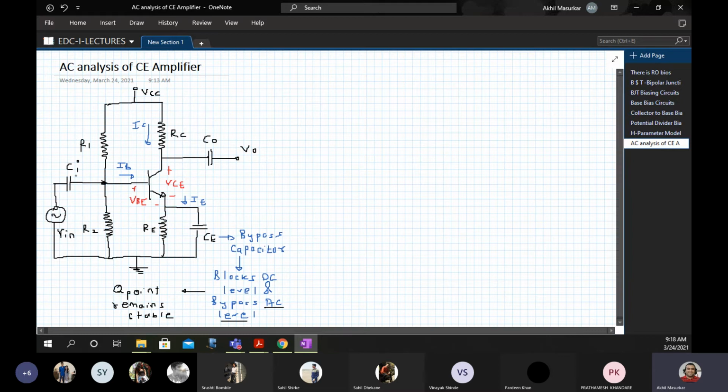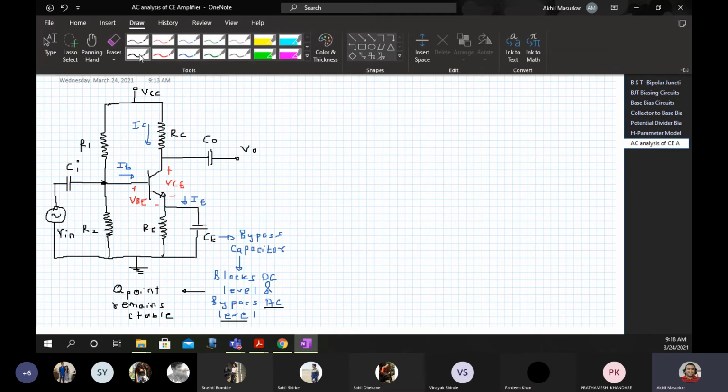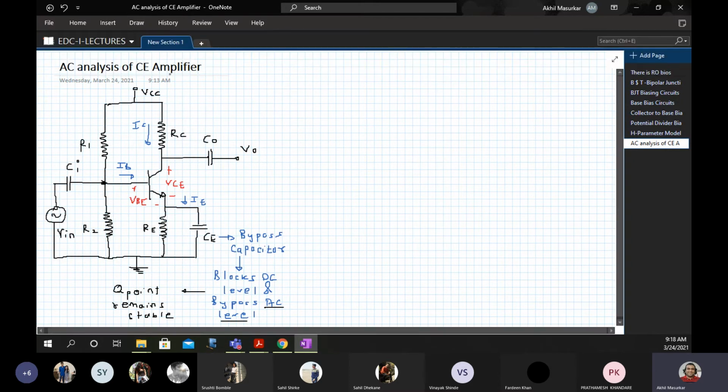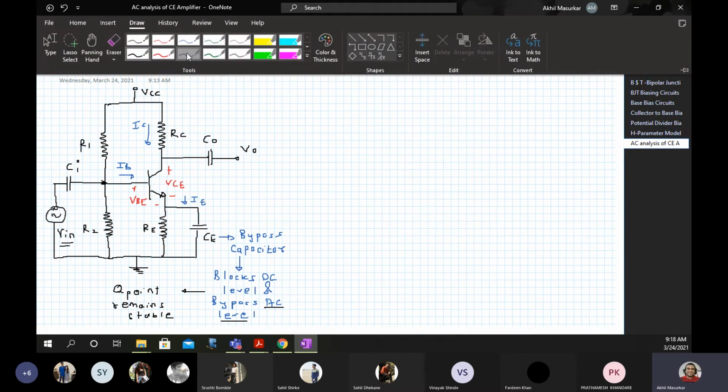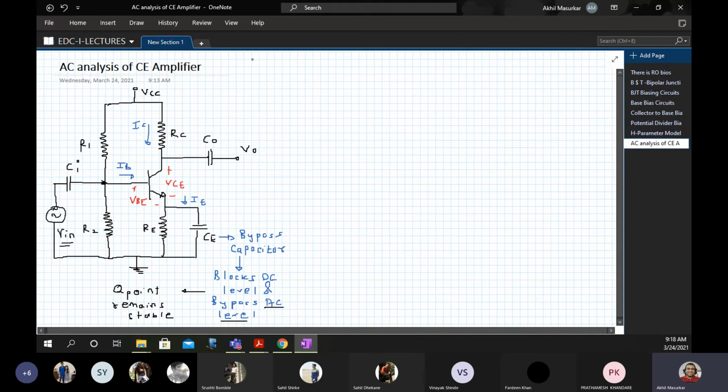This is my Vin. Now, like I said, it's AC analysis. So AC analysis means the circuit is under the influence of only AC signals, and AC means a time varying signal. So the only time varying signal in the circuit is Vin. All others are DC signals. I mean VCC is a DC signal. So there are three important steps in AC analysis.